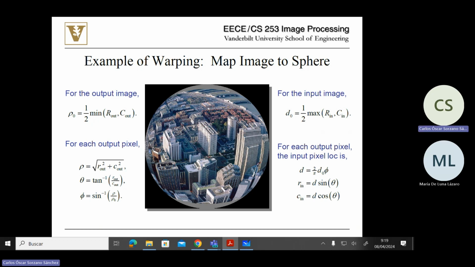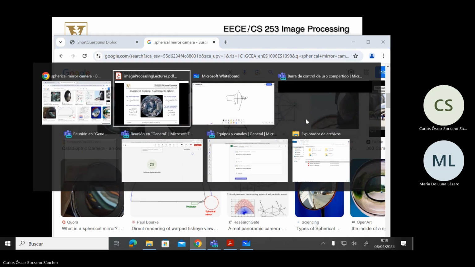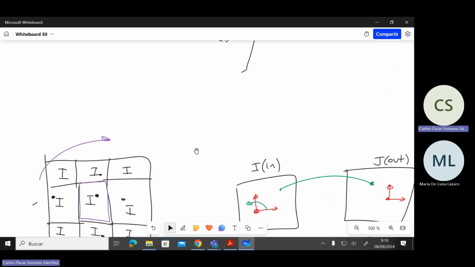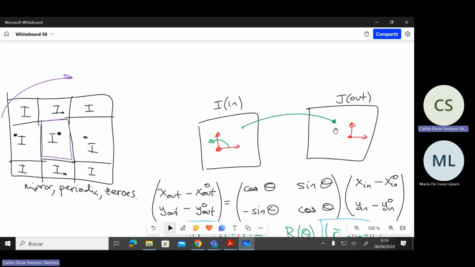So in general, these are geometric transformations. This is the main idea here: how to go from coordinates in one image to coordinates in the other one, which is just changing the geometry of the space.